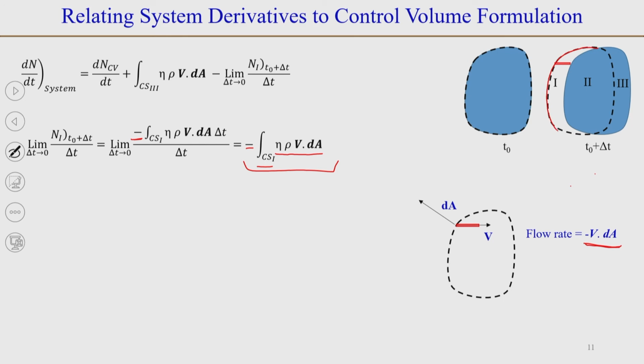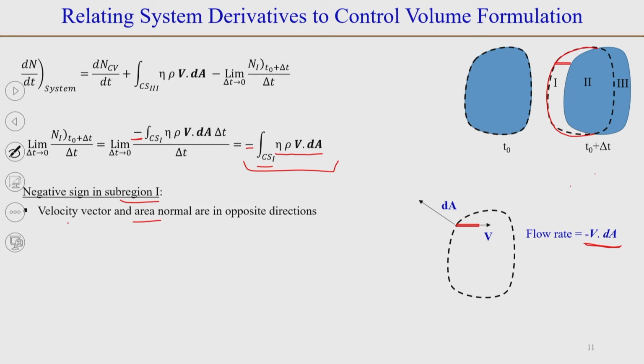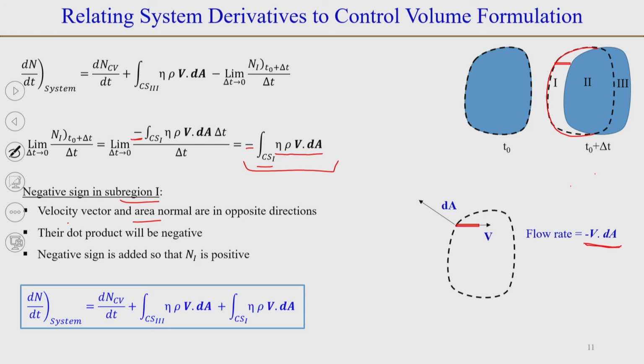So, this is the surface CS 1 through which the fluid comes in. There is a negative sign because the velocity vector and the area normal are in opposite directions, and their dot product will be negative. So, we add a negative sign there.